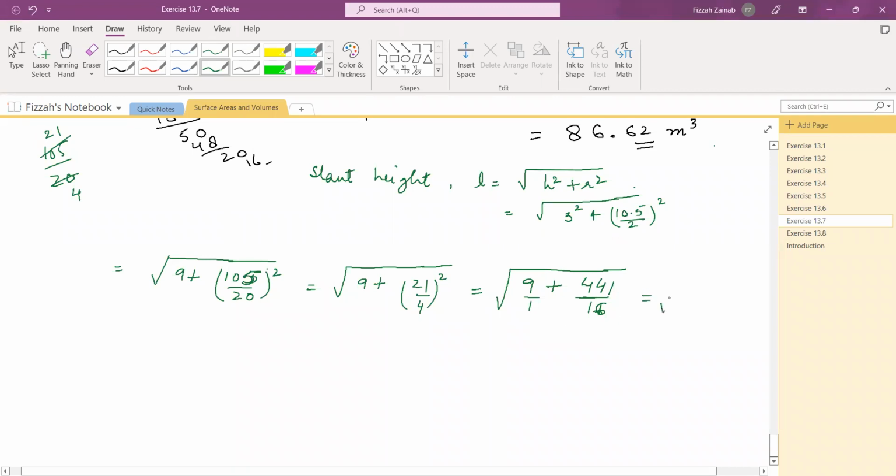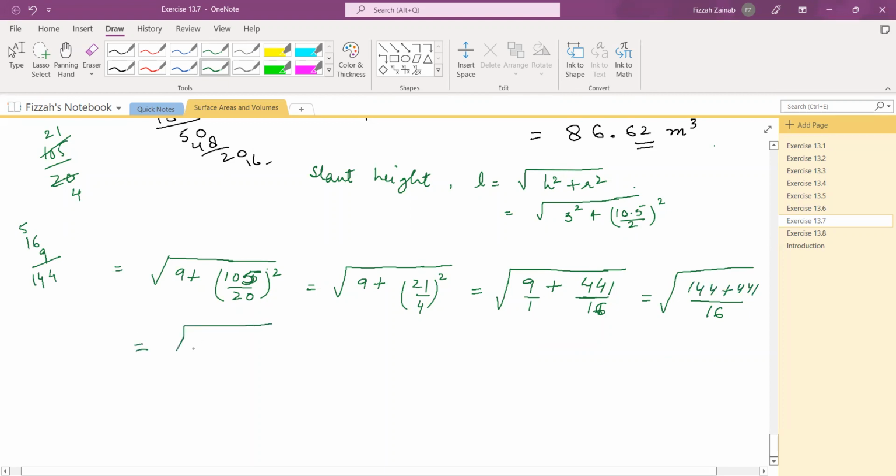So the first step is to take the LCM. 16 and 1 will have an LCM of 16. So here you will get 9 into 16. How much is 9 into 16? 144, right? Okay. So 144 plus 441 divided by 16.